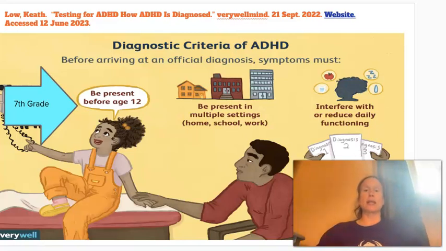It must interfere with or reduce daily functioning. Just living day to day is exhausting for a child or an adult with ADHD. It is exhausting because the brain has to work really, really hard to try to keep up. And it cannot be better explained by another mental health condition. So I will get paperwork.